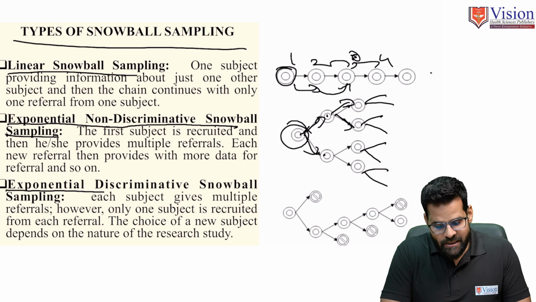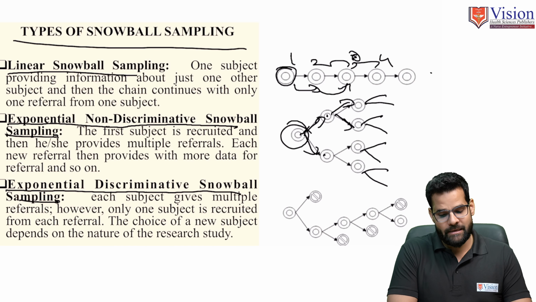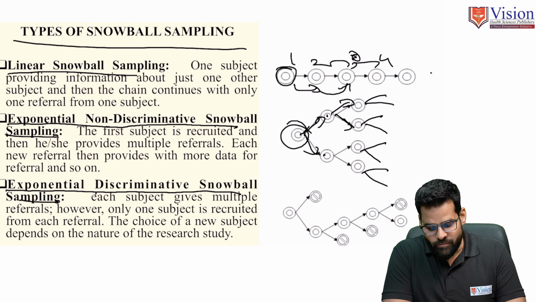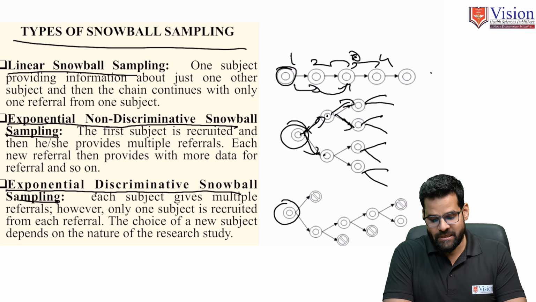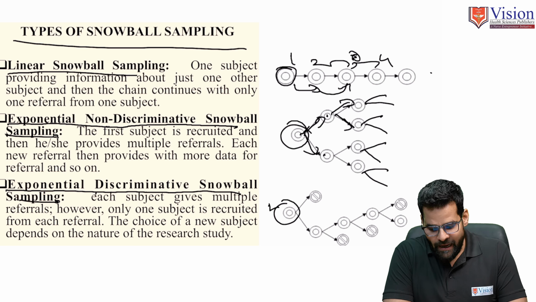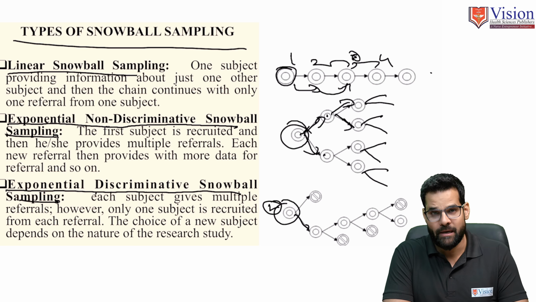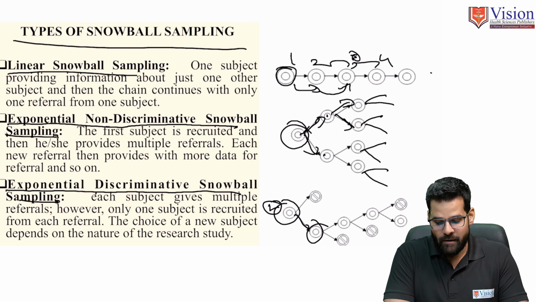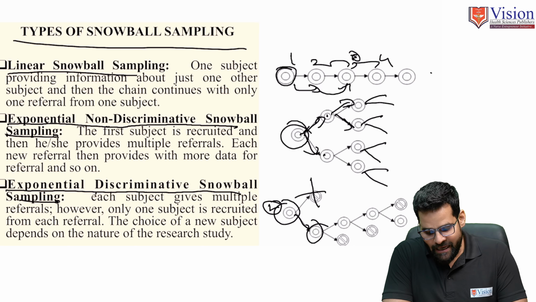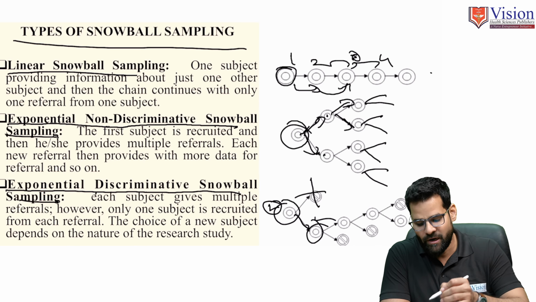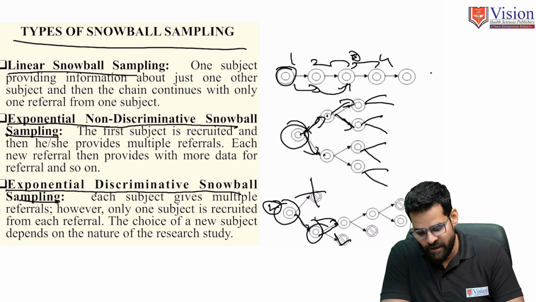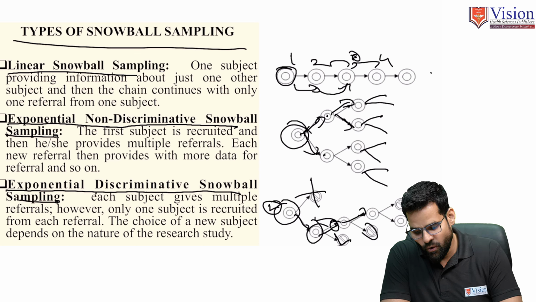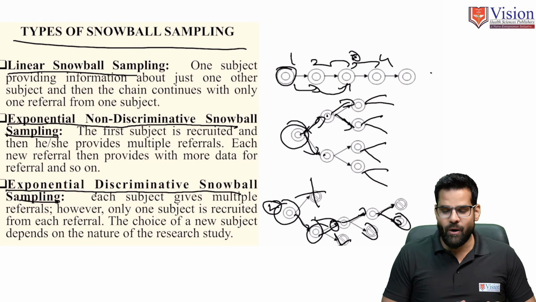Second is exponential discriminative snowball sampling. What is that? Same as the previous example, subject 1 has given me references of 2 people, but I will only take 1. I will not interview the other person. Again I'll interview and ask for the reference. This person might also have given me 3-4 references, so I'll only interview 1. How to select that one?